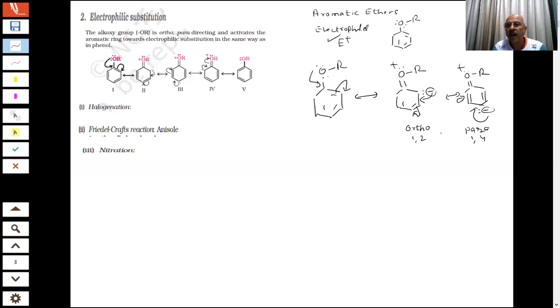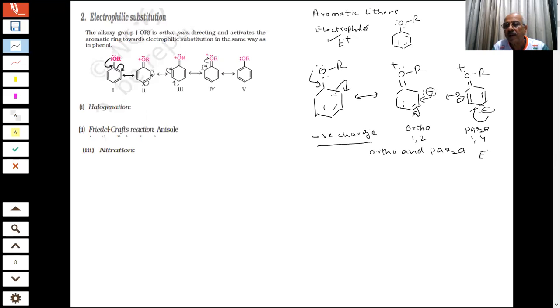What we are finding is that the negative charge is now increasing at ortho and para positions. Yes or no? So the electrophile is going to come. Where will it attach itself?